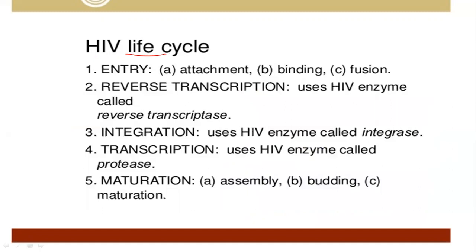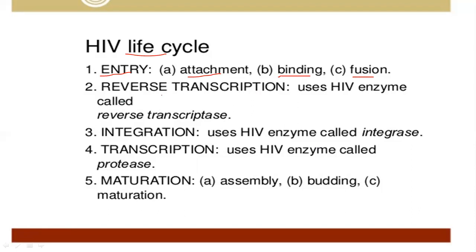The life cycle of HIV depends on several processes. The first one is entry, in which there is attachment of the virus HIV, then binding with the T cells, and then fusion into them.